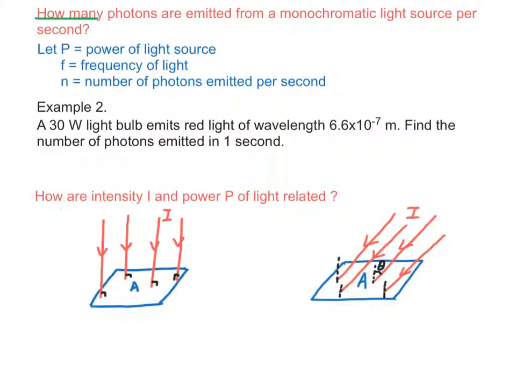How many photons are emitted from a monochromatic light source per second?